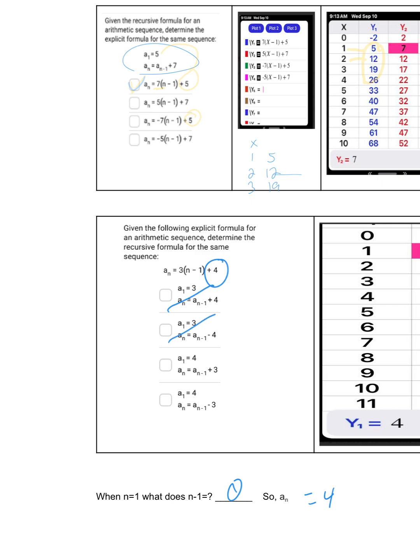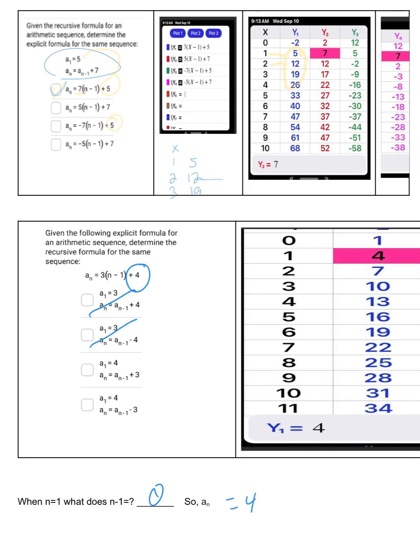Okay, so the first thing you could do, if you forget, is go straight to the calculator, go to y equals, and type that equation in, using x instead of n, and this is the table that you would get. So our first term is 4, 1 and 4, and then what are we doing? You're going 4 to 7 to 10. Are we adding 4, subtracting 4, or adding or subtracting 3? Adding 3. And what's in front of the parentheses?